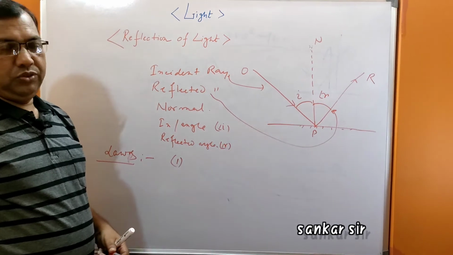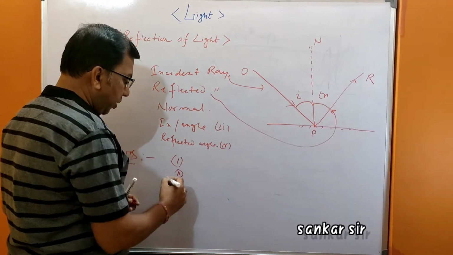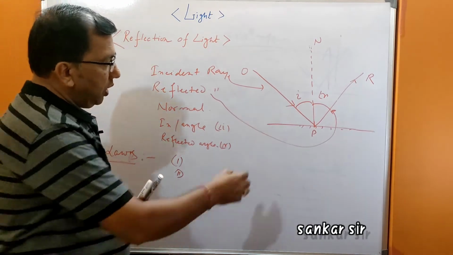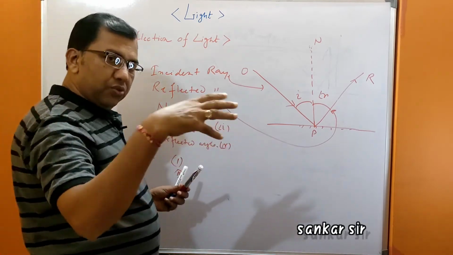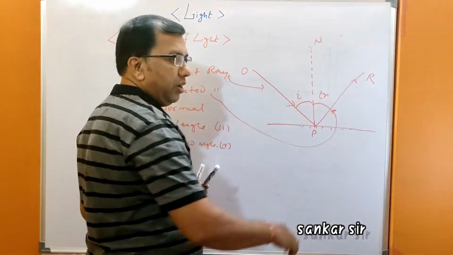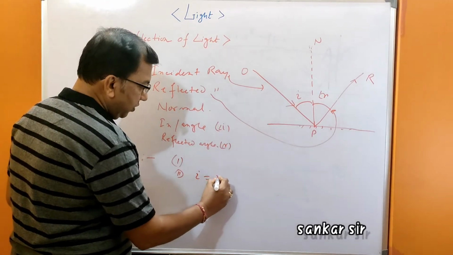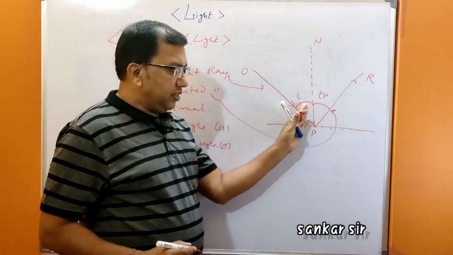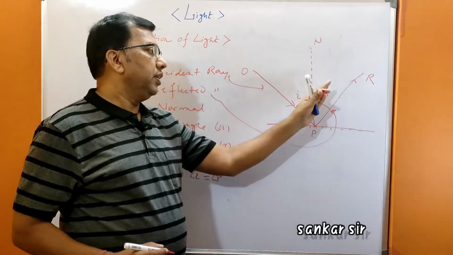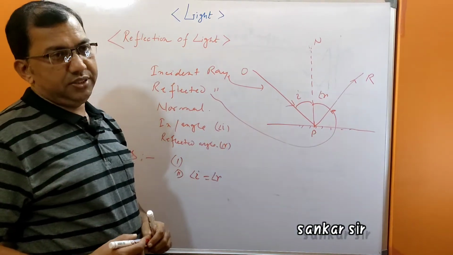And number two: the angle of incidence will always equal the angle of reflection. That is, angle I equals angle R. This is the law of reflection.